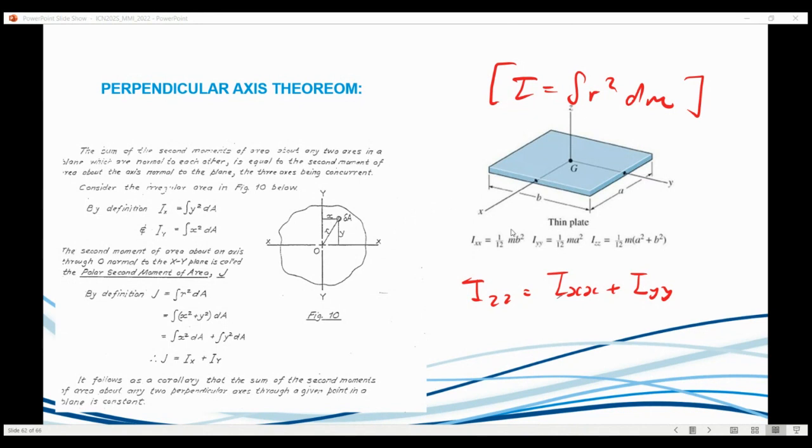Then your Iyy, obviously this is for a thin plate, you have the half m a squared. And what happens if you want to rotate about the zz axis? Obviously we've done that before. It's simply adding your Ix and your Iy. You just literally sum them up algebraically, the Ix plus Iy.